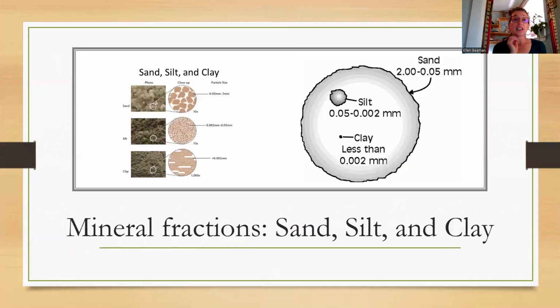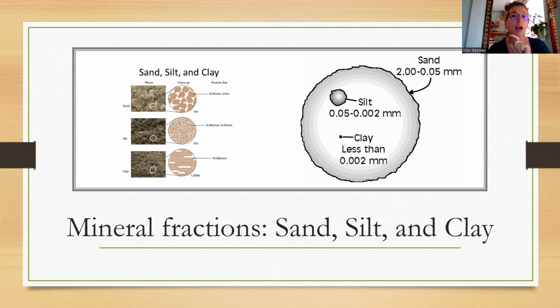So let's look at this graphic. On the right-hand side, we see an illustration of three different sizes. The largest one represents a grain of sand. So a grain of sand can measure up to 2 millimeters in diameter, all the way down to 0.05 millimeters in diameter. It is by far the largest.